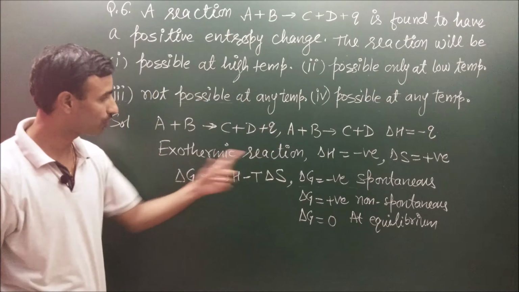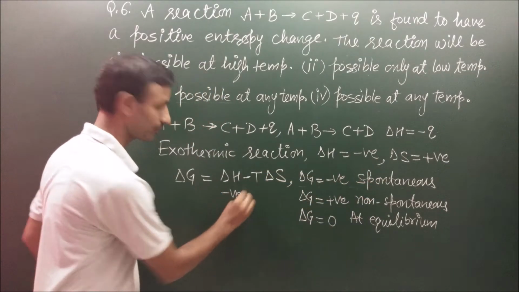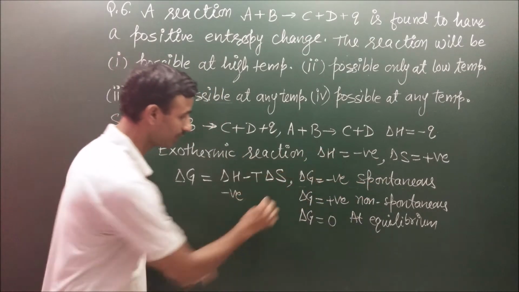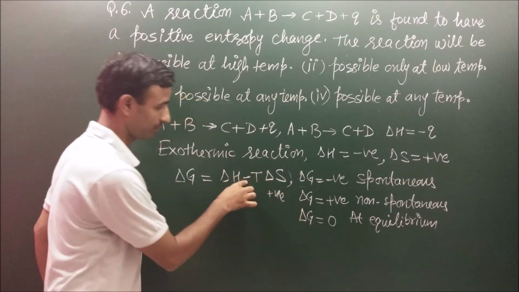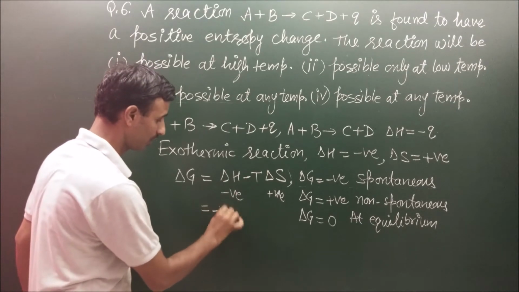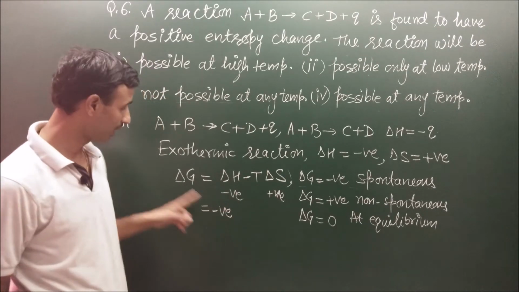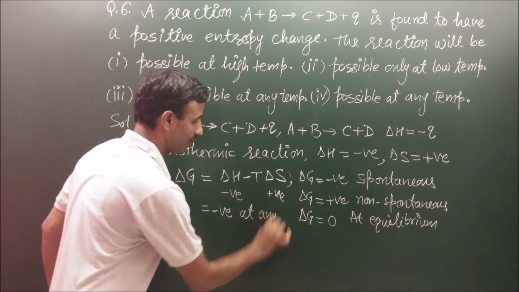So now come to this part. Delta H is negative and delta S is positive. That means this part with negative sign, negative means this reaction has negative delta G at any temperature.